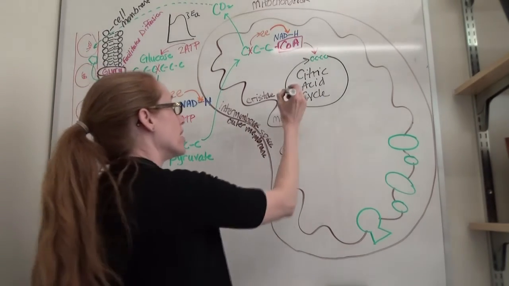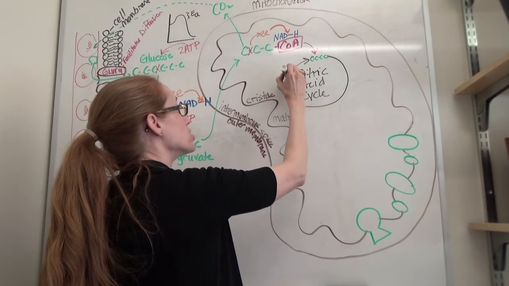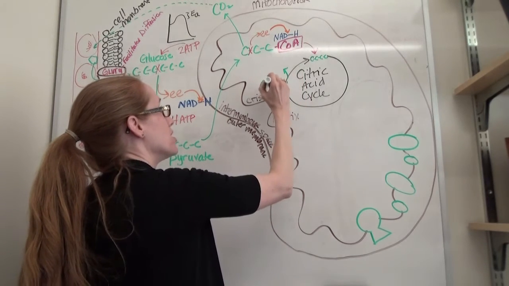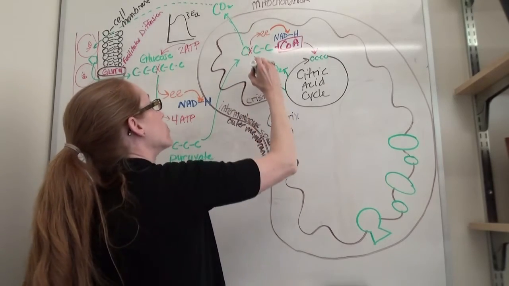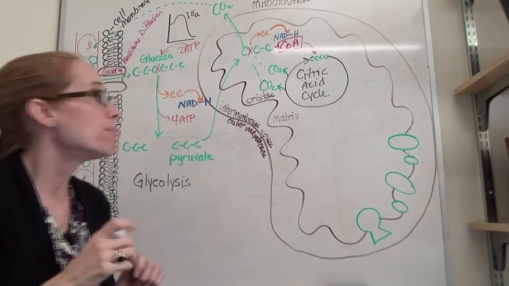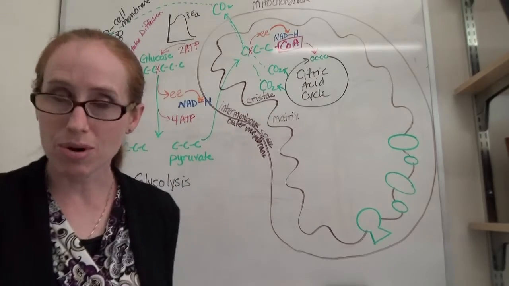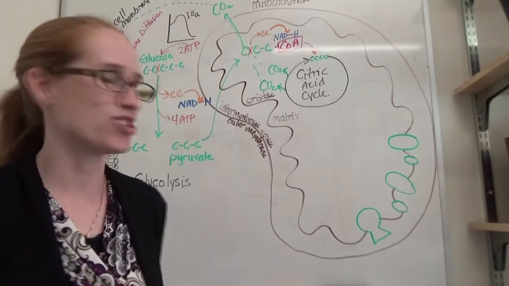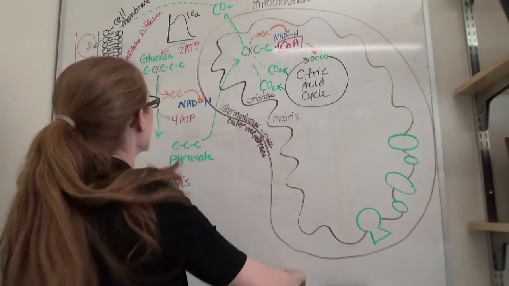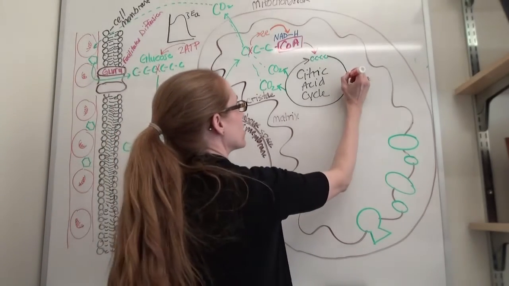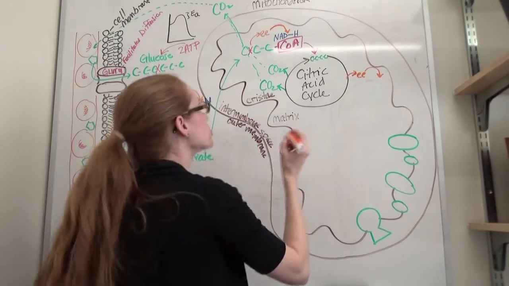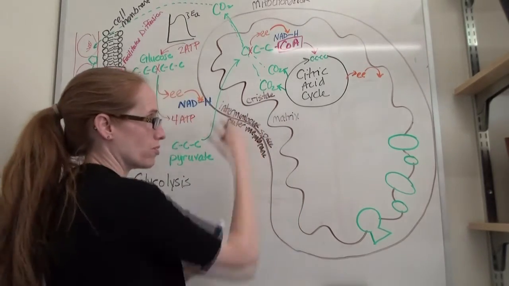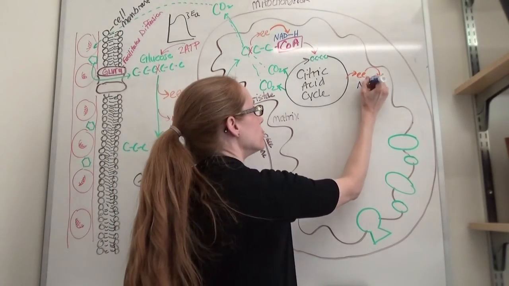So coming out of there, we end up with those 2 carbons breaking off one at a time as CO2s. And those also can diffuse out with the rest of them. Okay? But we've now broken a bond, and as you remember, what comes out of a bond? High energy electrons. So again, you get high energy electrons coming out of here and getting temporarily stored on our storage molecule, which we've learned before is NADH.